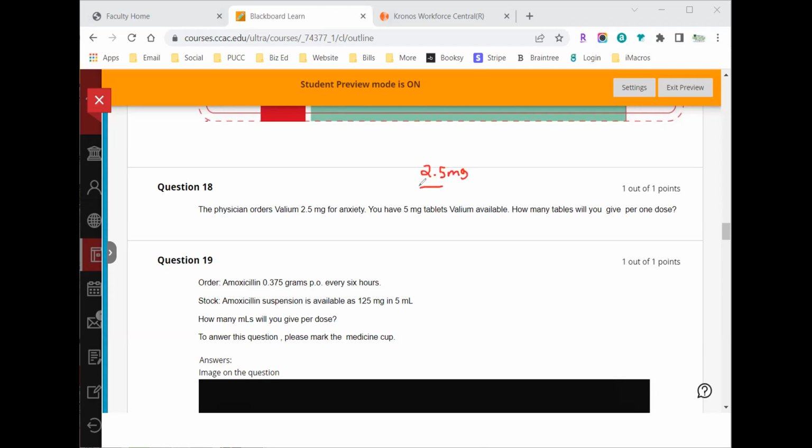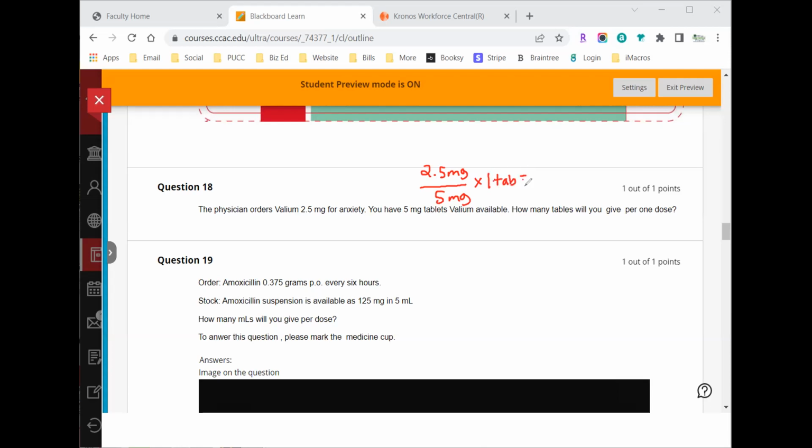My available is 5. Now, this always looks a little bit weird because usually the big number's on top, but big number, small number positioning has nothing to do with doing and solving the math here. And then it's times one tablet.